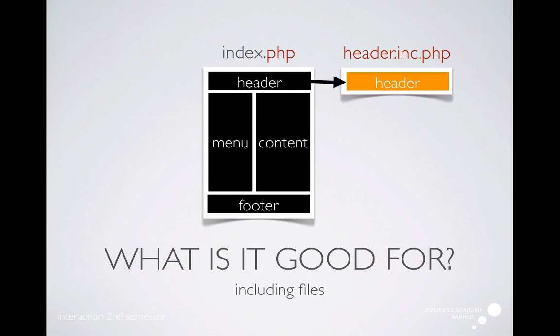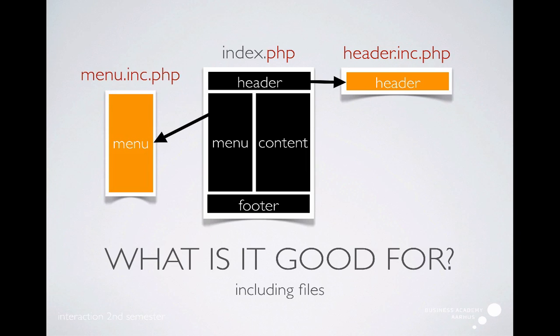So we will take this header content and put it into a file called header.inc.php. It can have the name header.php, but I usually put in inc to signify that this is an include file. And the same goes for the menu, menu.inc.php, and the footer as well.